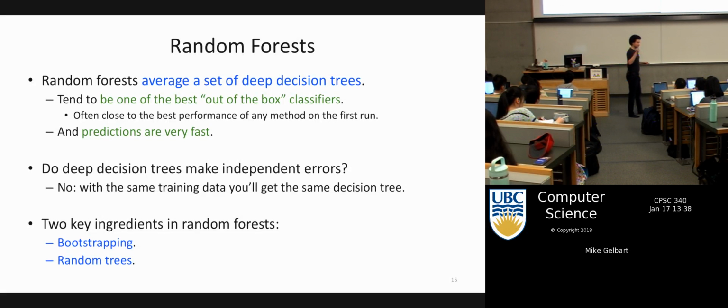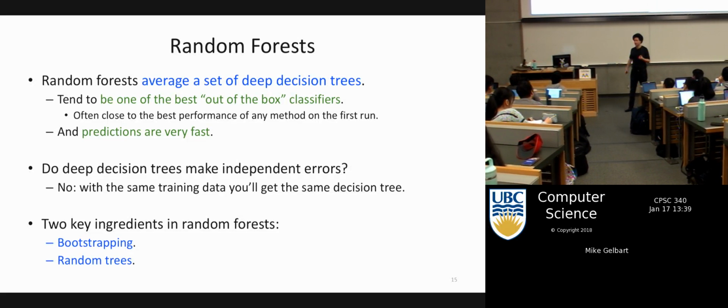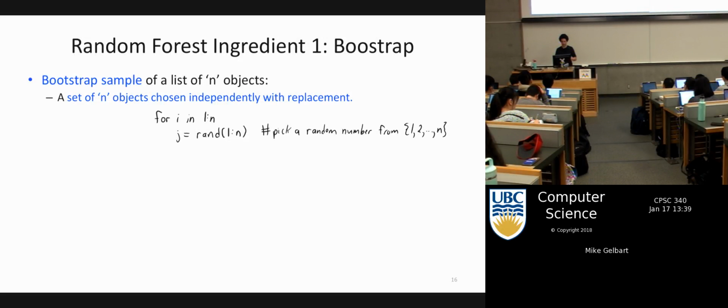And then to get to Corinder's question, do we have to train on the same data set? So one of these things, bootstrapping, is we're going to intentionally give a different data set to each tree by randomly so-called bootstrap sampling from our original data set. And then each tree has a different data set, but we're even going to inject more randomness than that, which I'll talk about in a minute.